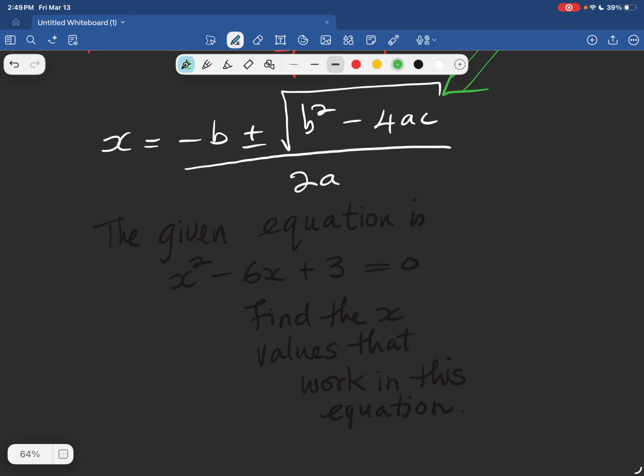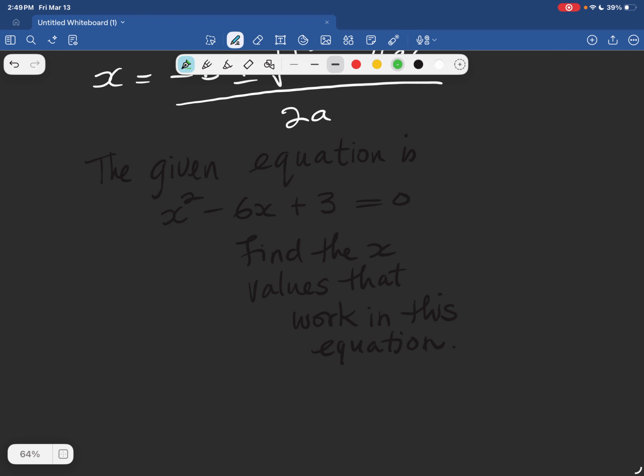Now, the given equation is x squared minus 6x plus 3 equals 0. And you are asked to find the x values that work in this equation. The first thing that you must do as a student is to, number one, list a equals whatever it is, b equals whatever it is, and list c equals whatever it is.